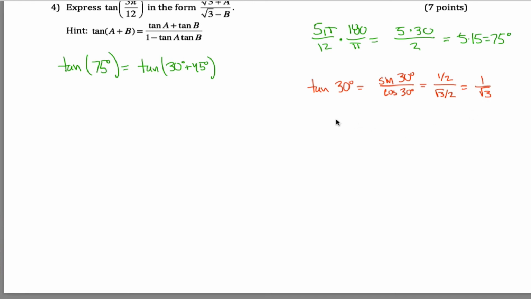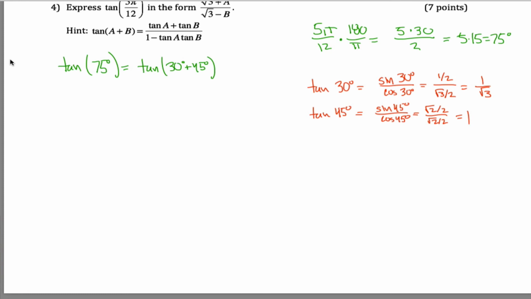Tangent of 45 degrees is sine of 45 degrees over cosine of 45 degrees, which is root 2 over 2 divided by root 2 over 2, which is just 1.